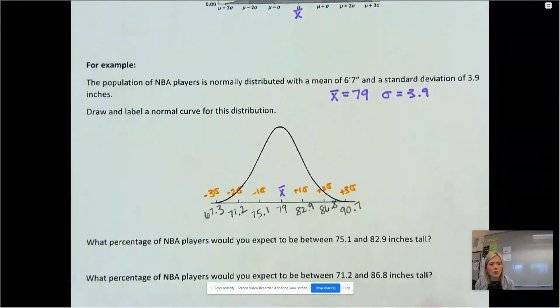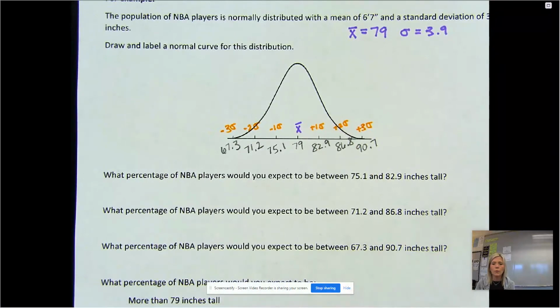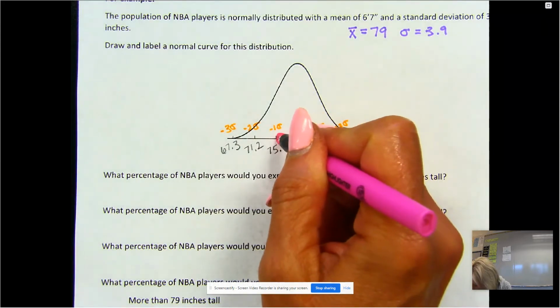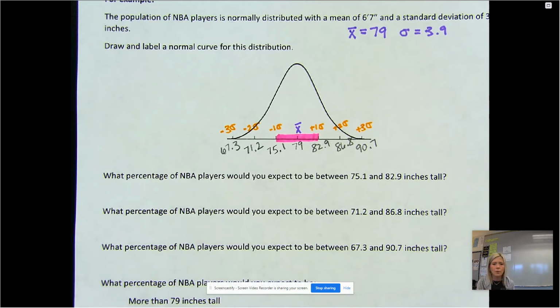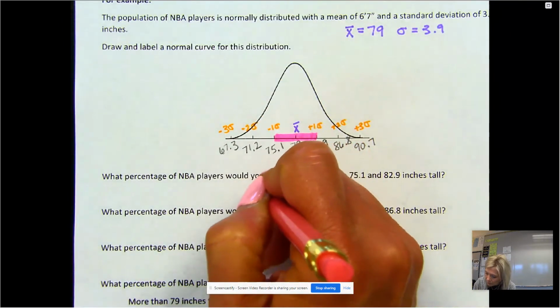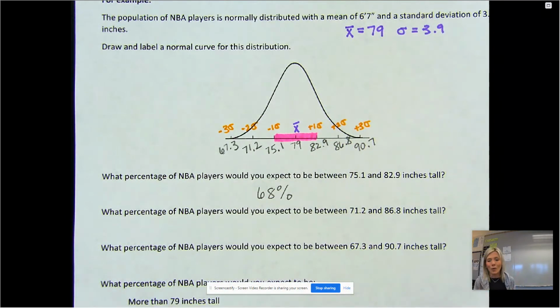So first of all, what percentage of NBA players would you expect to be between 75.1 and 82.9 inches tall? And so from 75.1 to 82.9, that is one standard deviation on both sides. So that would be 68%. Because 68% of normally distributed data falls within one standard deviation of the mean.